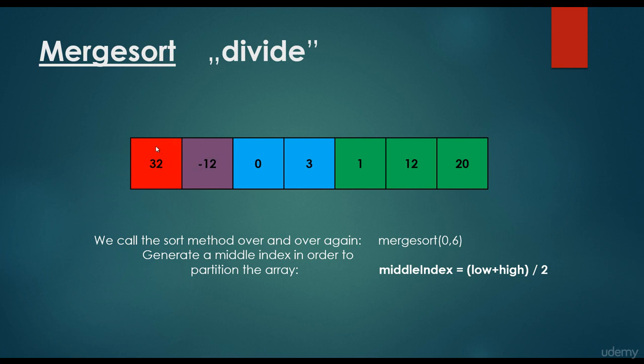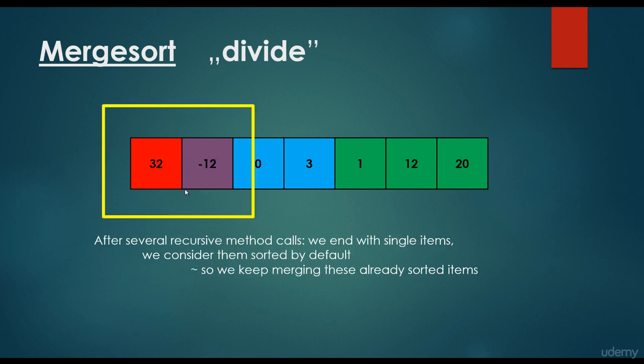So in this case, we consider these subarrays to be sorted. After several recursive method calls, we end up with single items. We consider them to be sorted by default, so we keep merging these already sorted items.